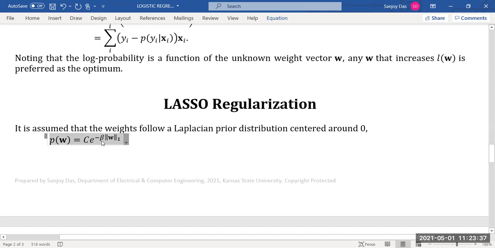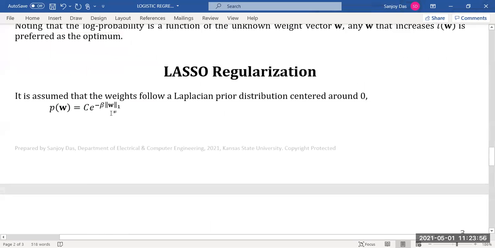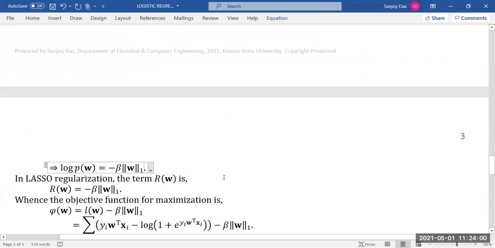So this is the Laplacian distribution. We assume that the probability of W follows this Laplacian distribution, centered around the origin 0. Whence log P of W equals this.